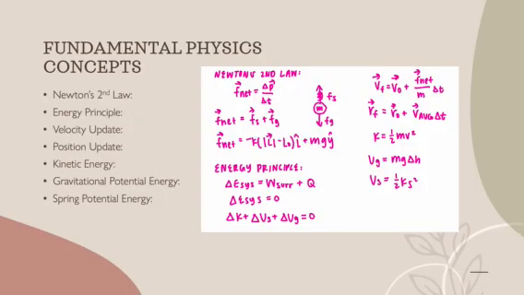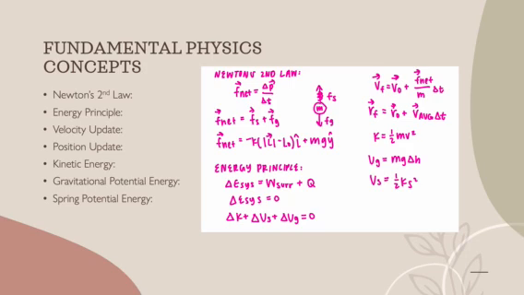And here are some fundamental physics concepts that we used in this lab. First, on the top left side of the equations is all of the information that we can get from Newton's second law, which says that the system's change in momentum is proportional to the net force applied. There's also a little free body diagram right there.